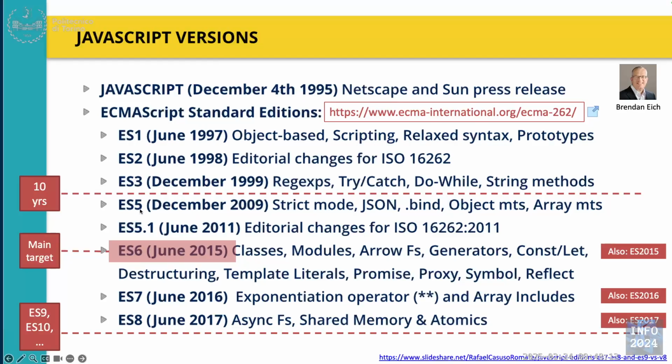After 10 years, there were two versions of the standard. One was ECMAScript 5, ES5. That was the first version that recognized that some design choices were wrong, and they introduced what today we call strict mode. It's a mode of interpretation of the language where some bad constructs are forbidden, and the syntax is a bit stricter and also a bit clearer.